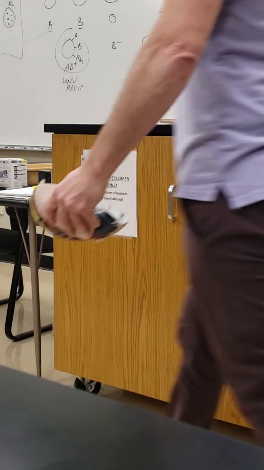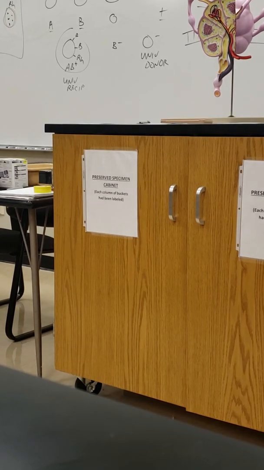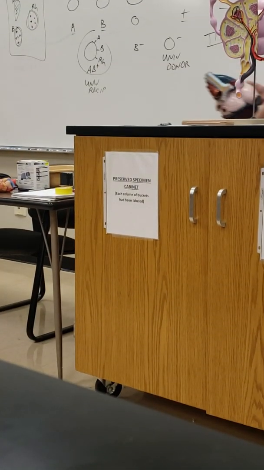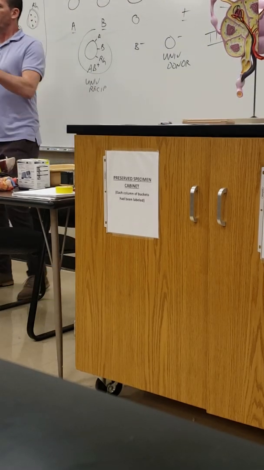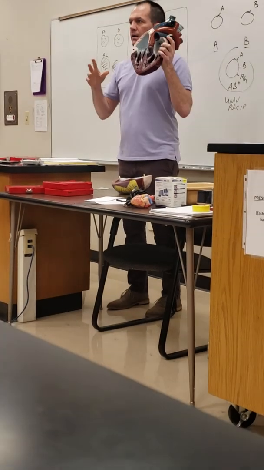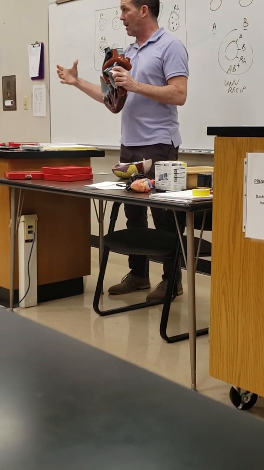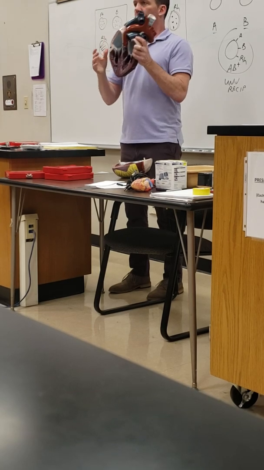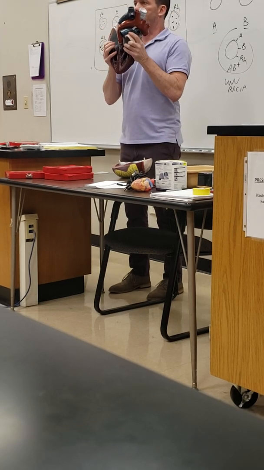So, here's a heart. This is a big heart model. You're going to see this out there once or twice or 3 times, right? You're going to get that cow heart out there, right? But what you want to look for, you get your basic orientation down.